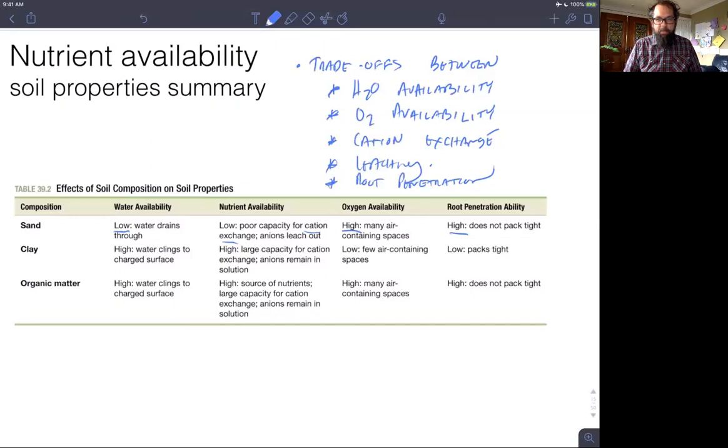You add organic material into that, and we increase the availability of oxygen because we've got many air-containing spaces. So obviously the best soils are going to be a mix of sands and clays and organic matter in these systems.